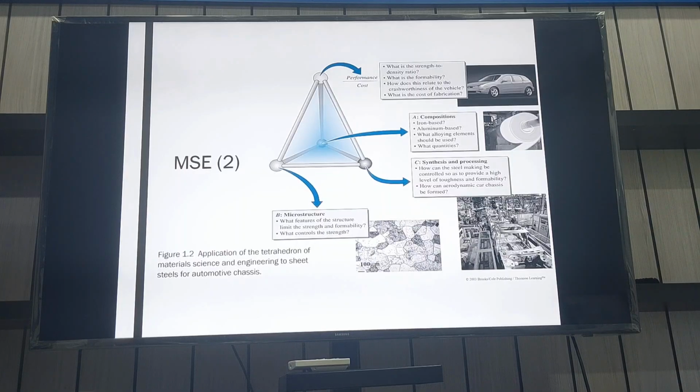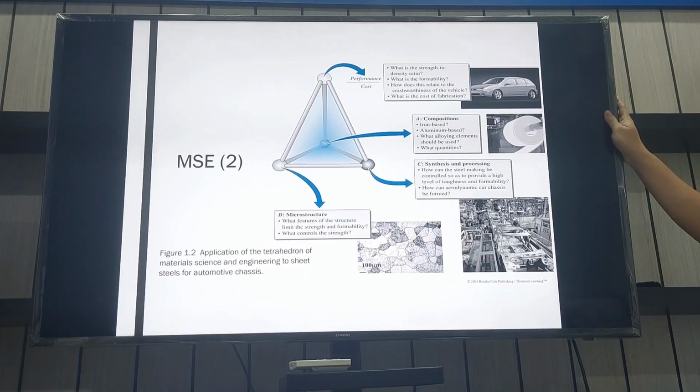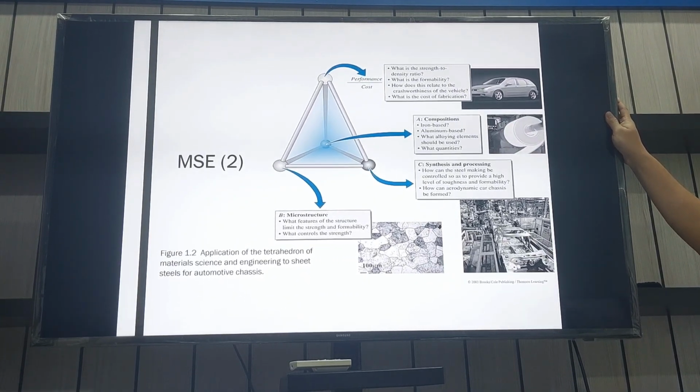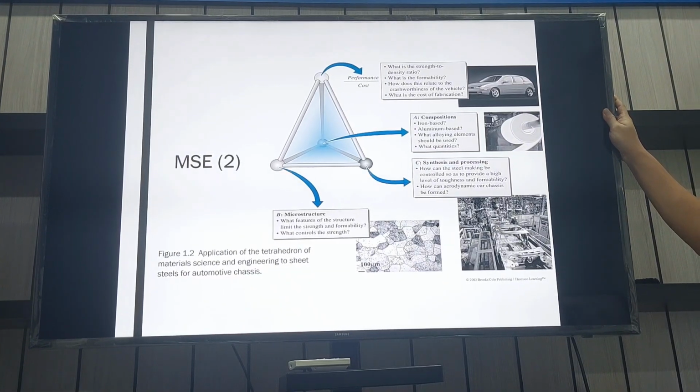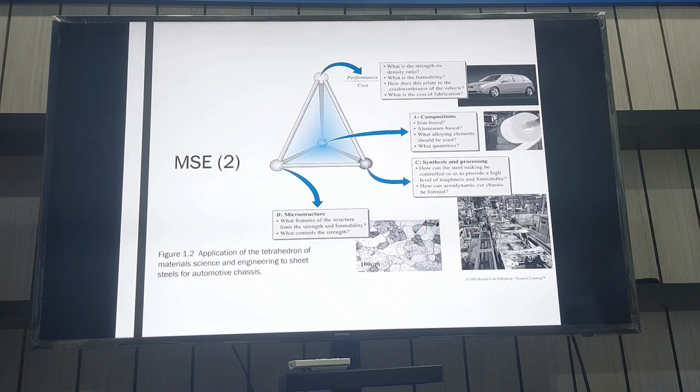So these are the questions about performance per cost. What is the strength to density ratio? We use automobile manufacturing as an example.